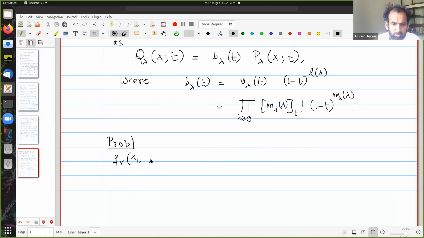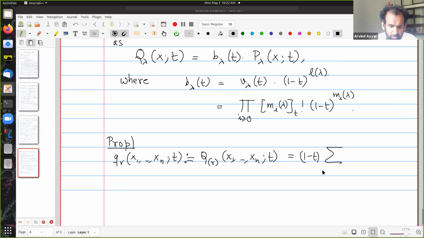So Q_R of x_1 up to x_n, t, which is Q of the singleton partition R, is going to be equal to 1 minus t times the sum i equals 1 to n of x_i to the r, product over j not equal to i, (x_i minus t x_j) divided by (x_i minus x_j).